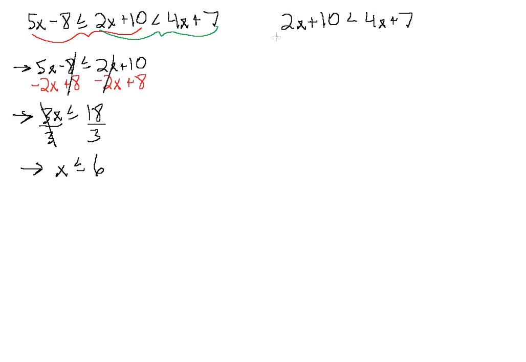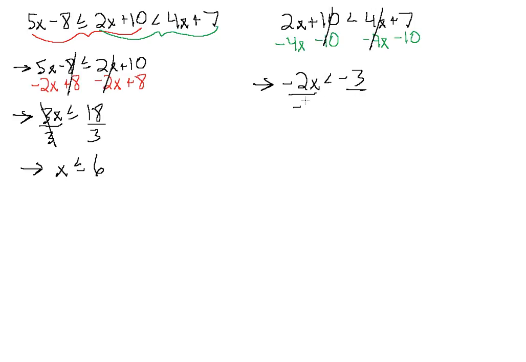Let's go ahead and isolate our variables to the left and everything else on the right. So we can subtract 4x from both sides, and we can do 2 steps in one, subtract 10 from both sides. Okay. These 2 terms are going to cancel, and so are these. So we have minus 2x on the left, less than 7 minus 10, which is minus 3.